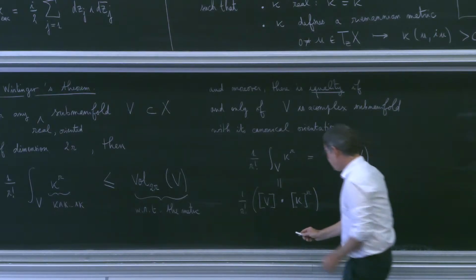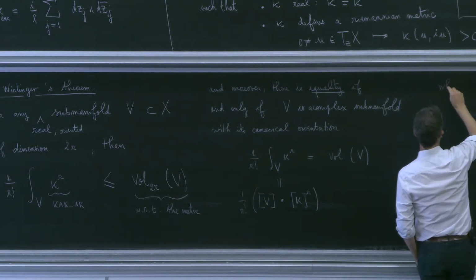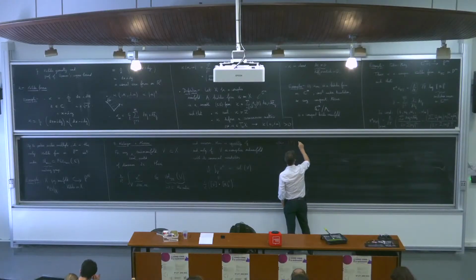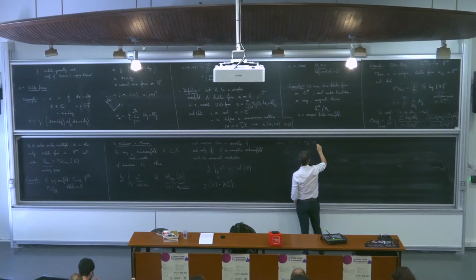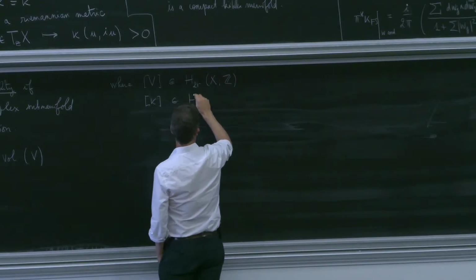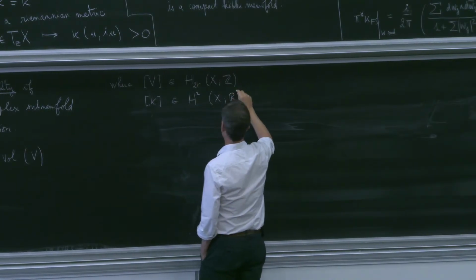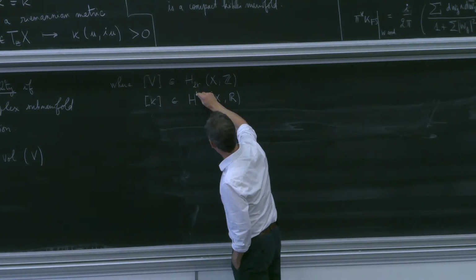Okay, so this here is in the homology group, and this class kappa is in H^2 of X with real coefficients. Okay, with the Dolbeault cohomology group, it's H^{1,1}.